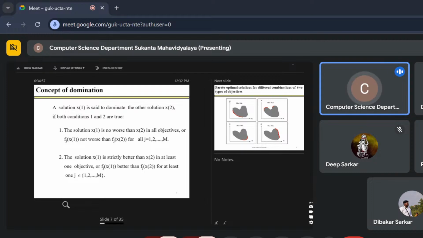When both the conditions 1 and 2 are true, out of these two conditions, which I am going to explain very soon, if one is compromised, domination is gone. Right? In order to formalize your domination mechanism, out of these two typical solutions x1 and x2, higher dimension points, of course, because had it been the single dimensional case, life is easy.